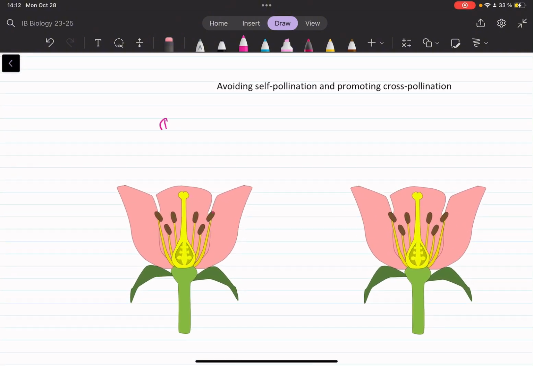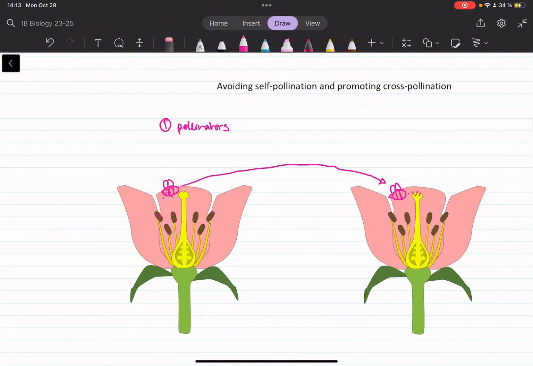Well, first of all, you've got pollinators. So let's take a bee, for example. A bee will come to the first flower and it'll try to take the nectar. And in that process, the pollen grains will stick to it. And once the bee moves from that flower to the next flower to get the other pollen, those pollen grains will be deposited on the stigma.